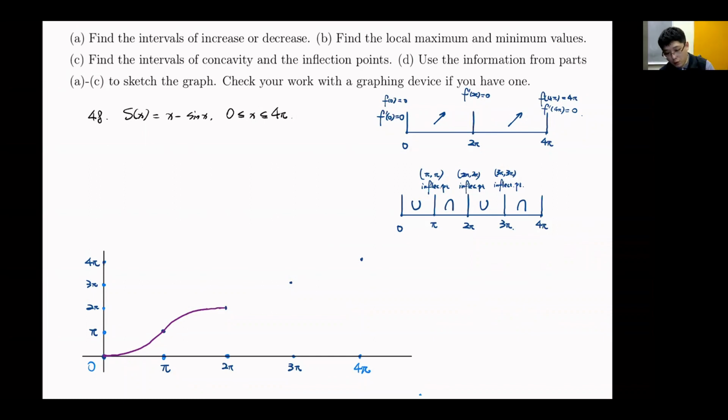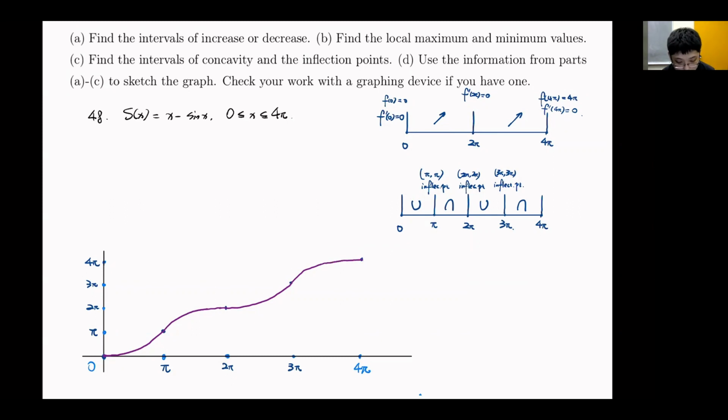At the point 2 pi, it has a horizontal tangent, and it's also an inflection point. After x equals 2 pi, it will be increasing concave upwards until it hits x equals 3 pi. Then after 3 pi, it will still be increasing, but concave downwards until it hits x equals 4 pi. Let me modify it like this. That's roughly how the graph looks.